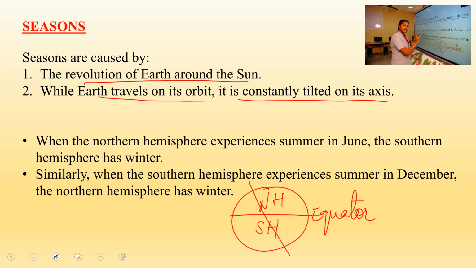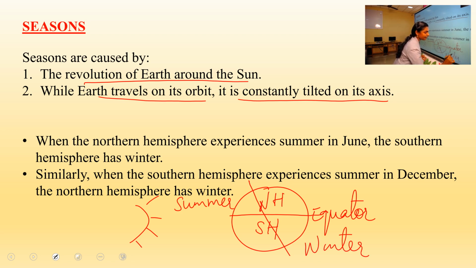So the part which faces the sun will experience summer, and the part which is turned away from the sun will have winter. And here it is the sun. It is the northern hemisphere which is facing the sun, so it will experience summer, and the southern hemisphere, which is turned away from the sun, will have winter.